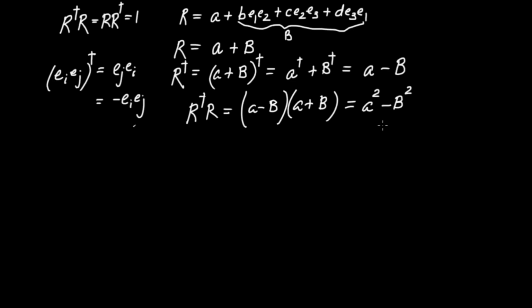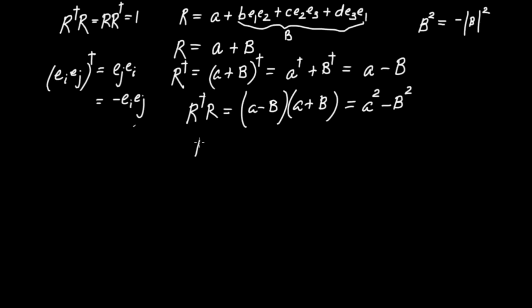Now, in the video in which we dealt with bivectors in more detail, we noted that when we square a bivector, what we got is the minus magnitude squared of the bivector, where the magnitude is just the amount of area contained in that bivector, which means that minus B squared is just the squared magnitude of the bivector.